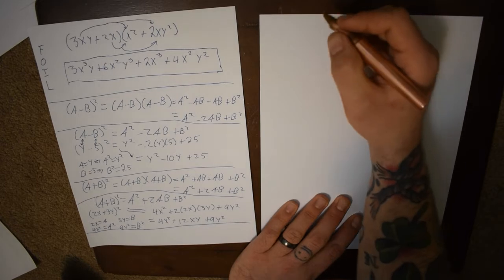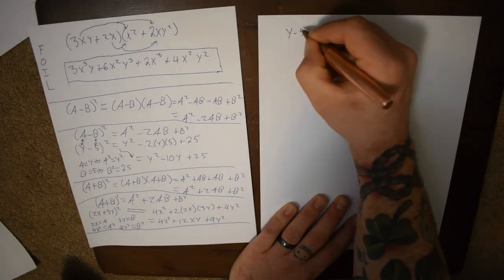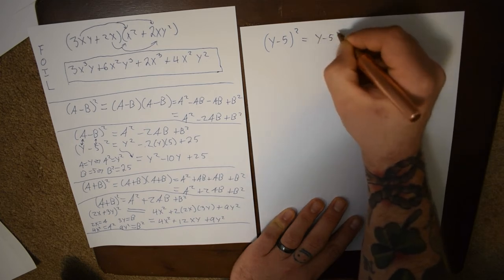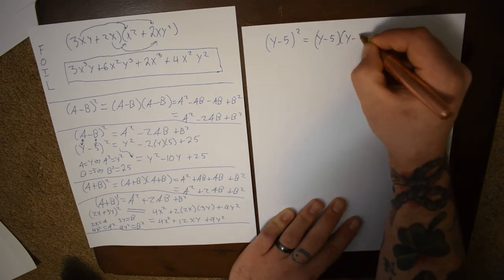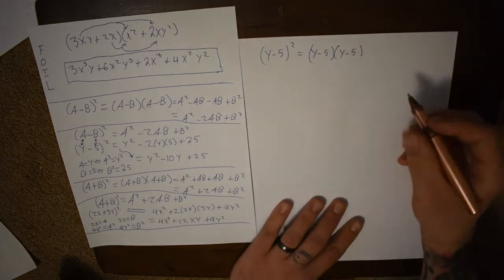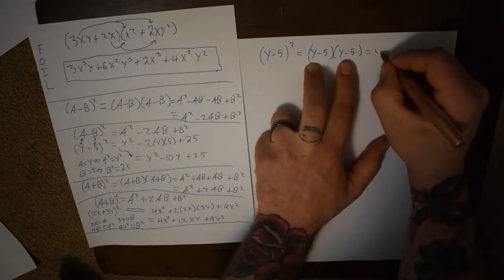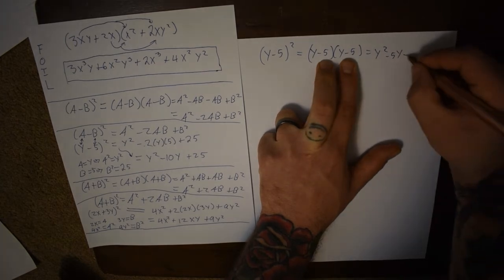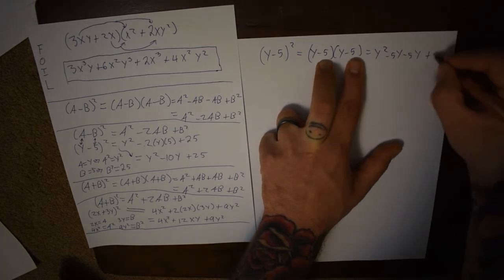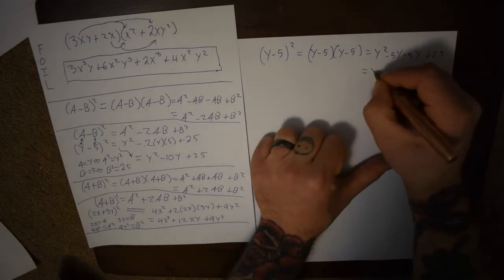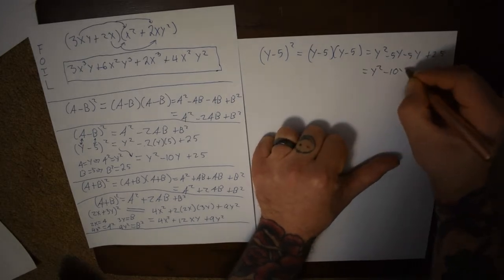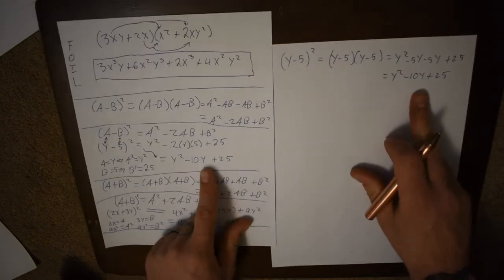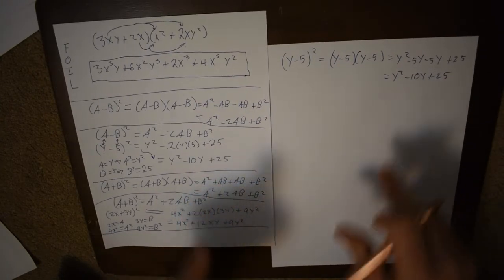You could take (y minus 5) squared, and then write it as (y minus 5) times (y minus 5), and you can use your distributive property. First, outside, inside, last, to get y squared minus 10y plus 25. Same answer we got over here.